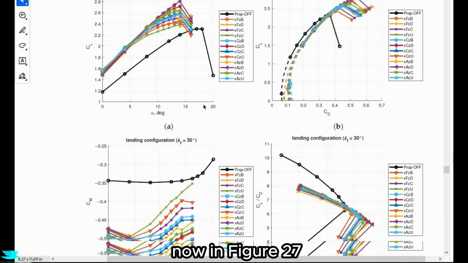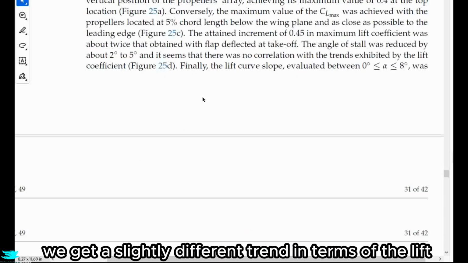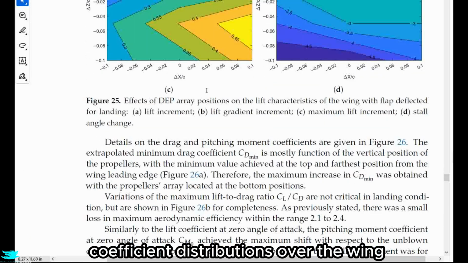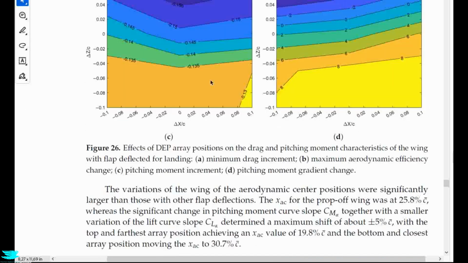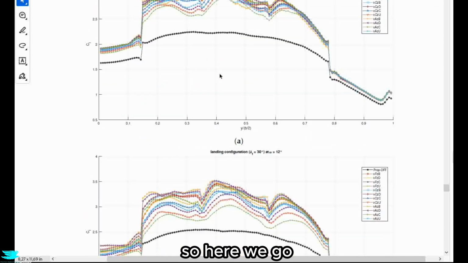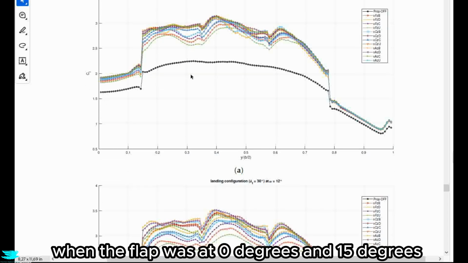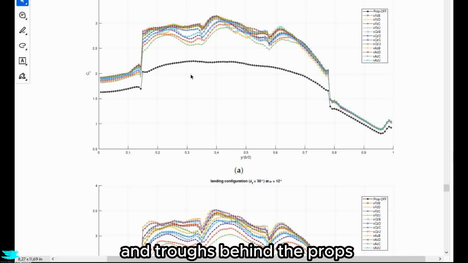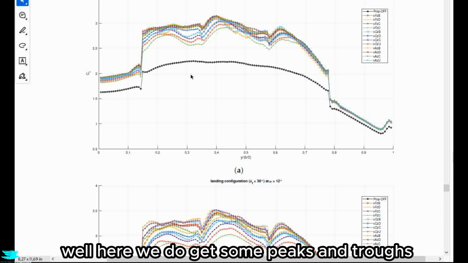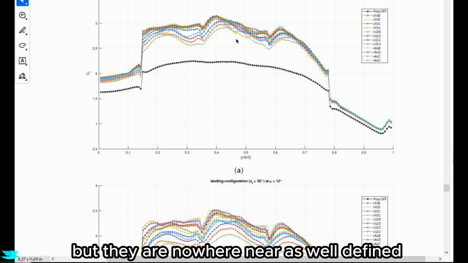Now in figure 27, we get a slightly different trend in terms of the lift coefficient distributions over the wing. If you remember, when the flap was at 0 degrees and 15 degrees, there were very definite peaks and troughs behind the props. Well, here we do get some peaks and troughs, but they are nowhere near as well defined.